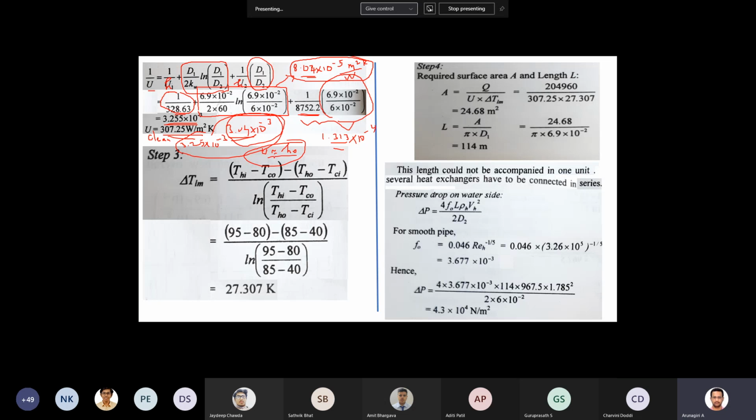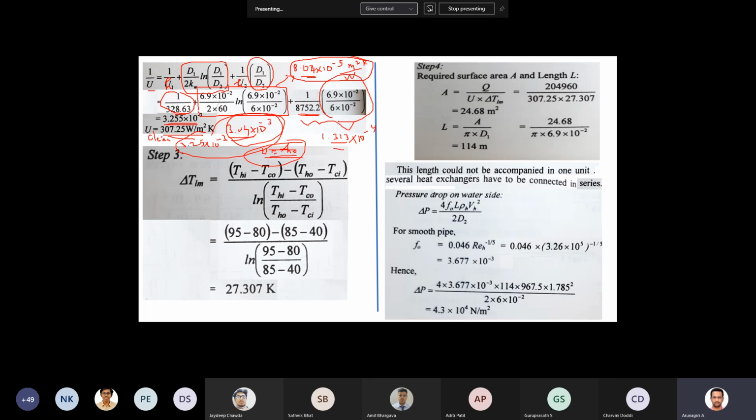Anyway, that's not exactly the same, so the deviation is there. 328, 307, only 20. So 20 divided by 328 is approximately 6%. The deviation is only 6%. Okay, so this is the way to calculate the overall heat transfer coefficient. Here itself you can understand which one is controlling.